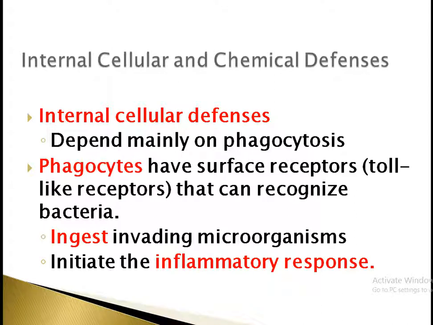Then we can have the process of phagocytosis through the different phagocytes. They ingest the invading microbes and initiate the inflammatory process. Remember that all these processes of body defense are going on together, in parallel.